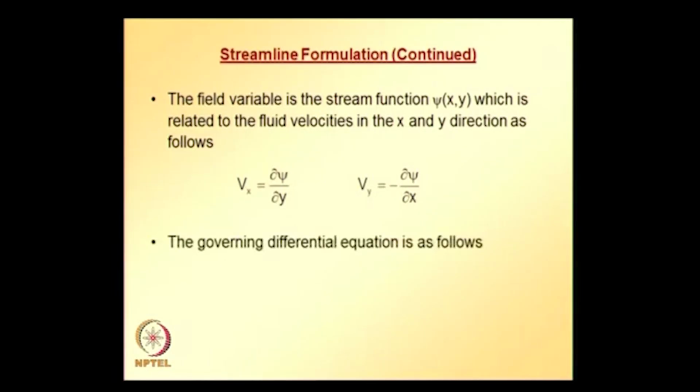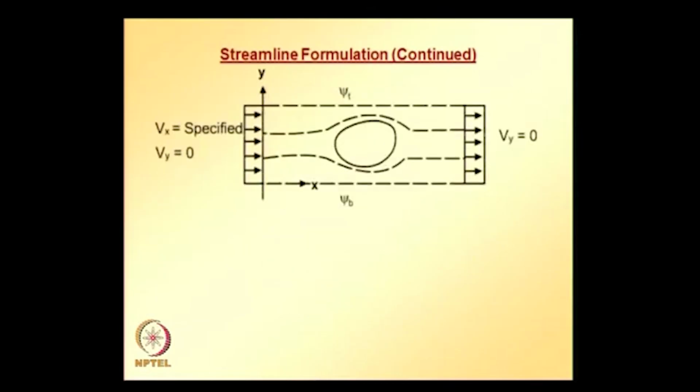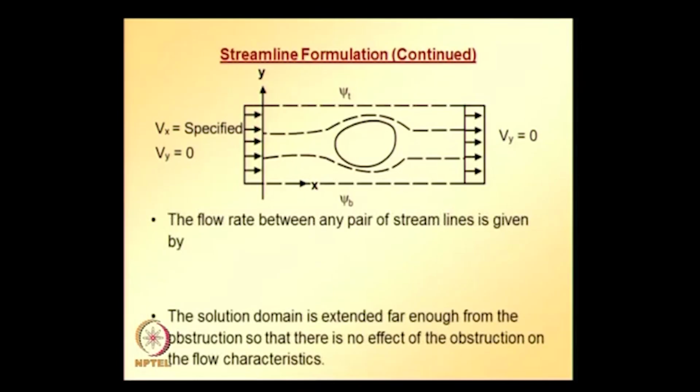And the governing differential equation is as follows. So, basically we need to solve this differential equation subjected to some boundary conditions imposed on psi, and the fluid rate between any pair of streamlines is given by this equation, q ij is equal to psi i minus psi j, that is i and j are any pair of streamlines.